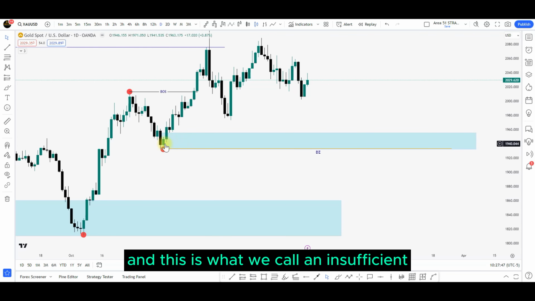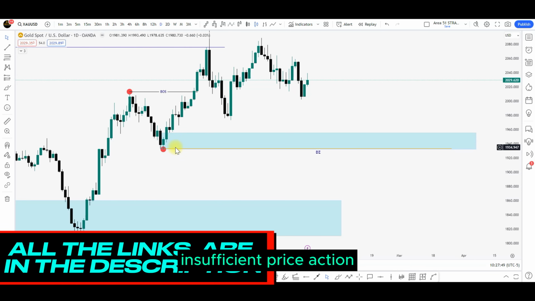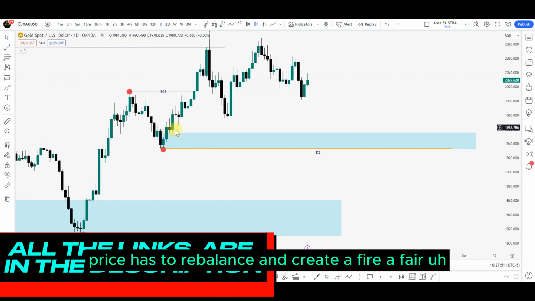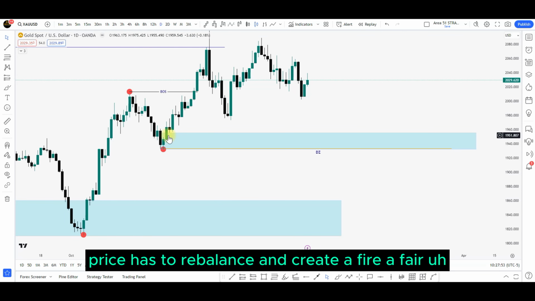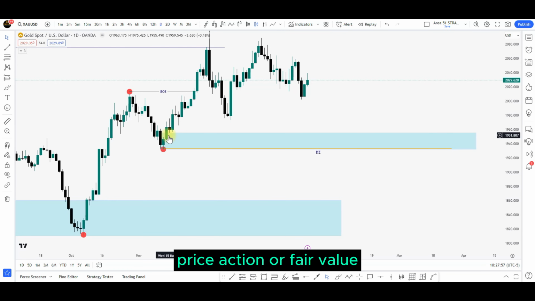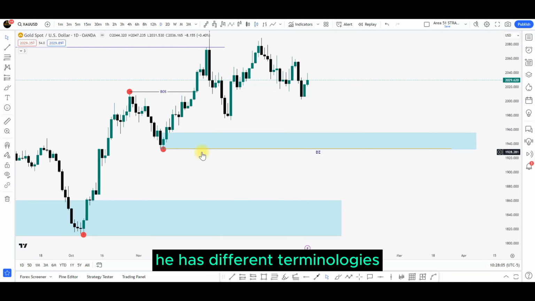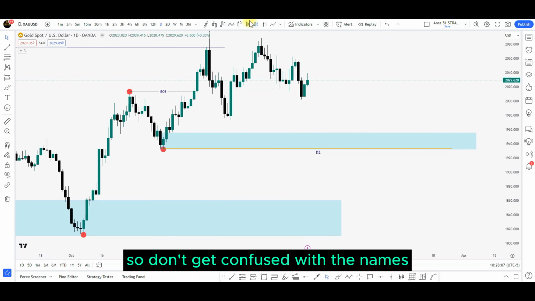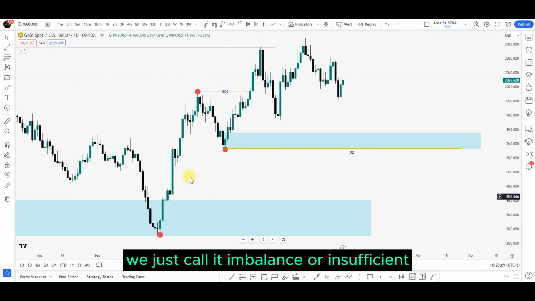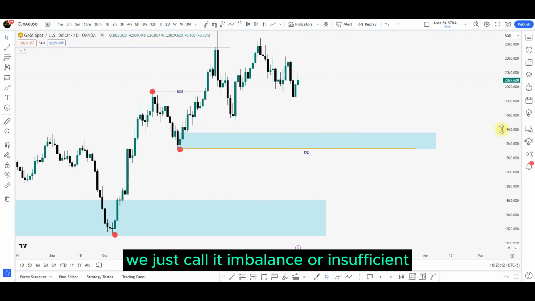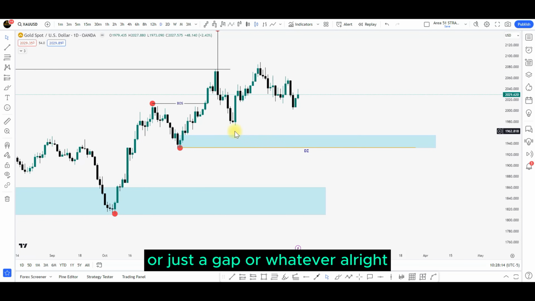This is what we call an insufficient price action. So price has to rebalance and create fair price action or fair value. Some call it fair value gap, some call it imbalance, some call it insufficient. It has different terminologies, so don't get confused with the names. It doesn't really matter, to be honest. We just call it imbalance or insufficient or just a gap.